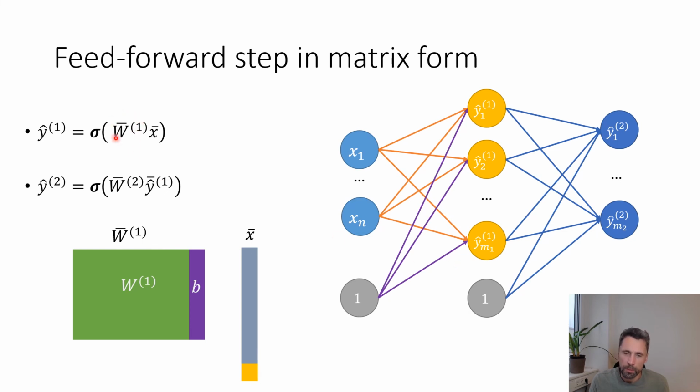So W1 bar times X bar enters the sigmoid function, so that's the activation function for this layer, and that produces an output Y1 hat. Okay? So X with this bar here is the extended, the concatenated vector X with the additional one displayed here.